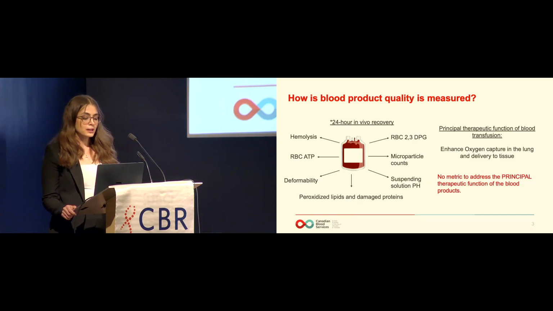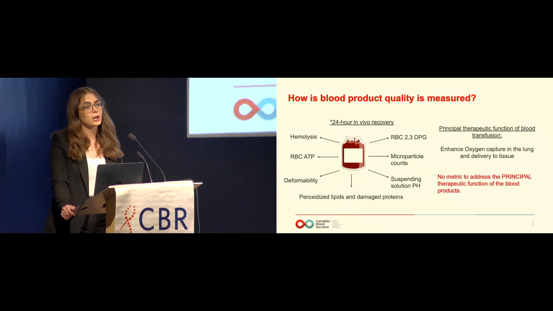But we know that the principal therapeutic function of blood transfusion is oxygen delivery, enhancing the oxygen delivery, loading in the lungs and unloading in the tissues. However, we do not have any metric to address this principal therapeutic function.